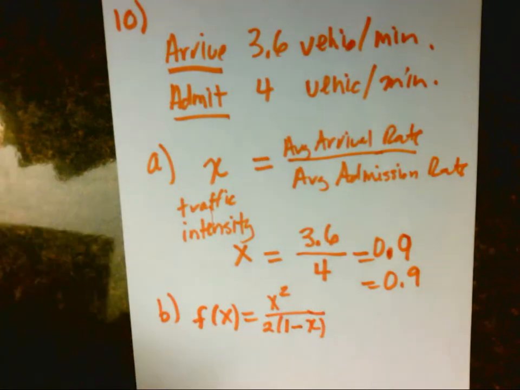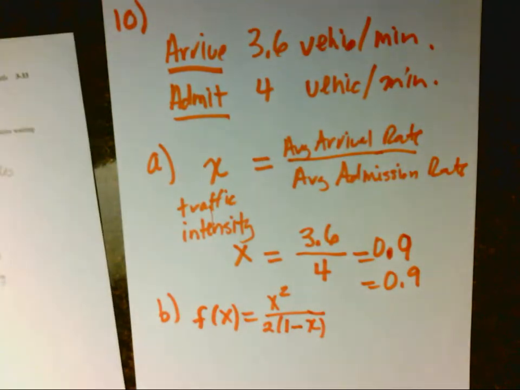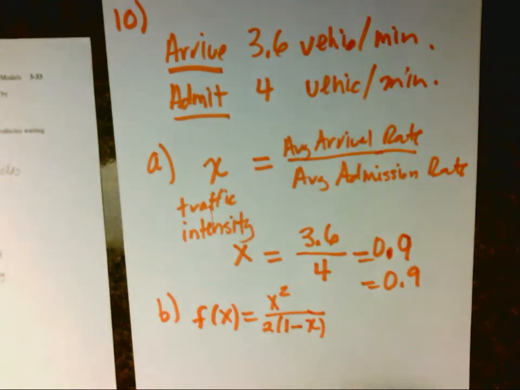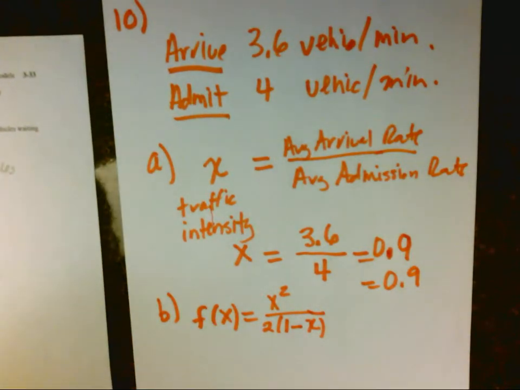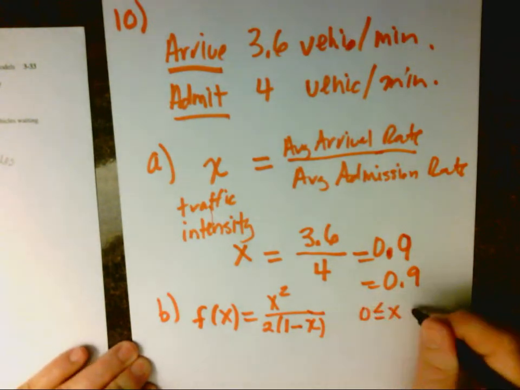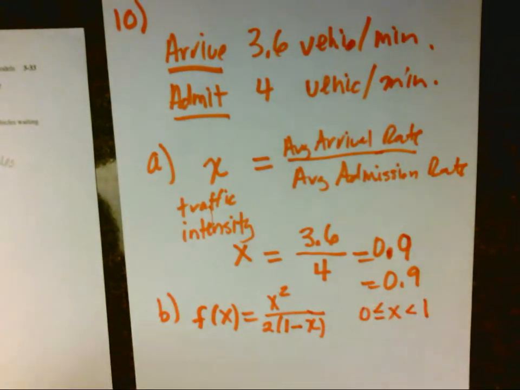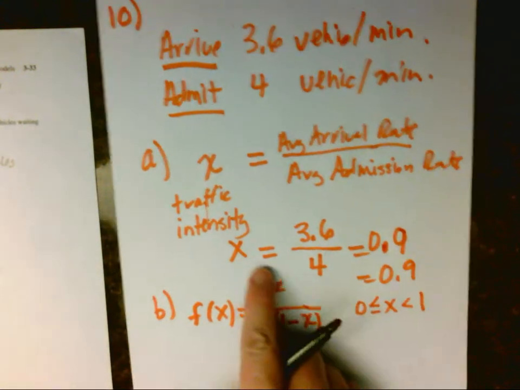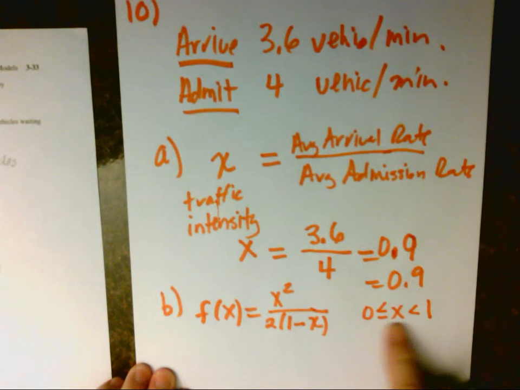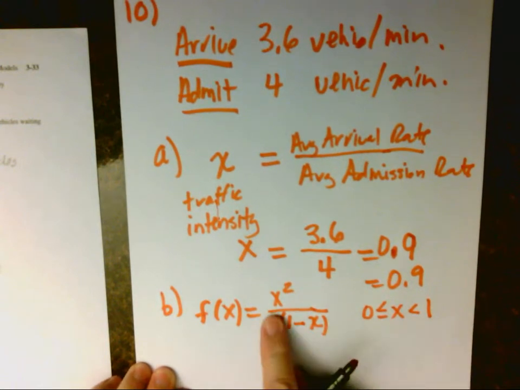Let me double check that I'm seeing that correctly. I have my glasses. Oh yes, I recopied it down here. Good. All right, and it says that x is greater than or equal to 0 and less than 1. And x is what we found up here, and we came up with an x of 0.9, and that is good because 0.9 is in this interval that this function works for.